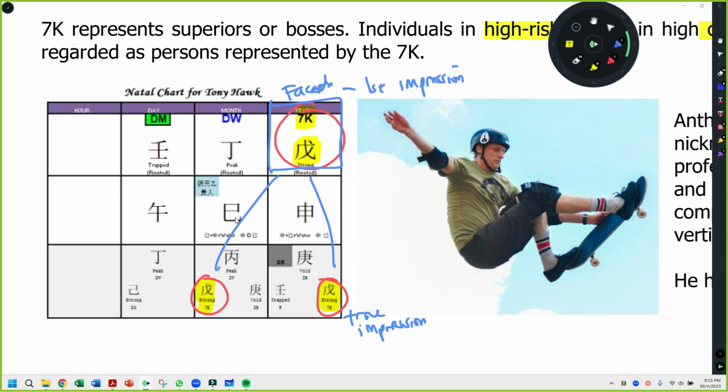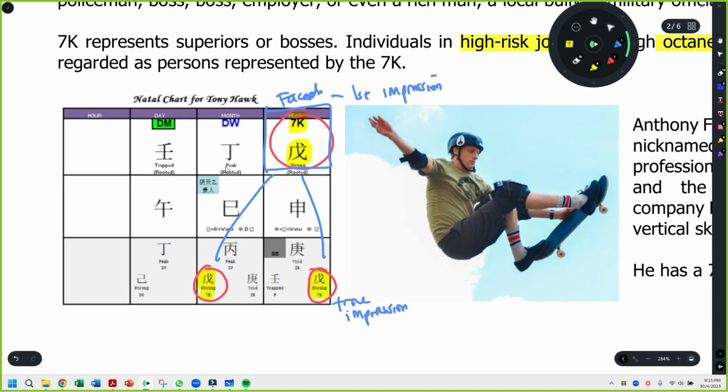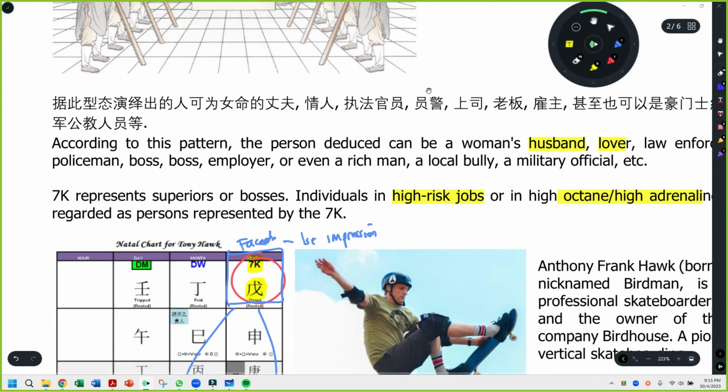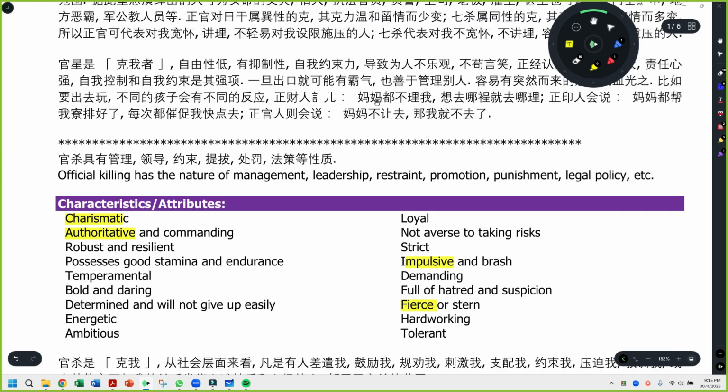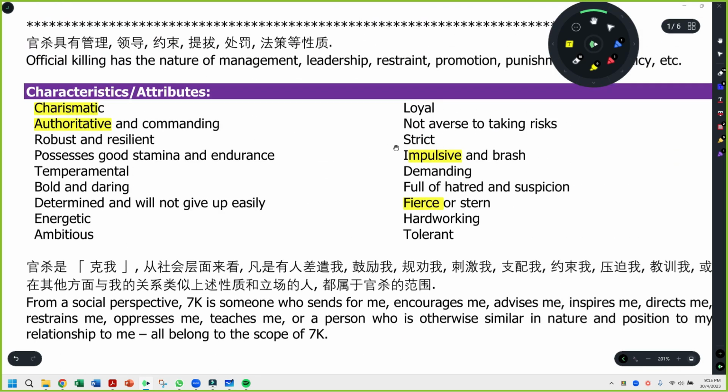So if you see this person, you see that this person is not necessarily fierce looking, but definitely energetic, definitely strong, and full of leadership. It can be fear if you like, but not necessarily fear all the time. In an office environment, you could see it as being hardworking.